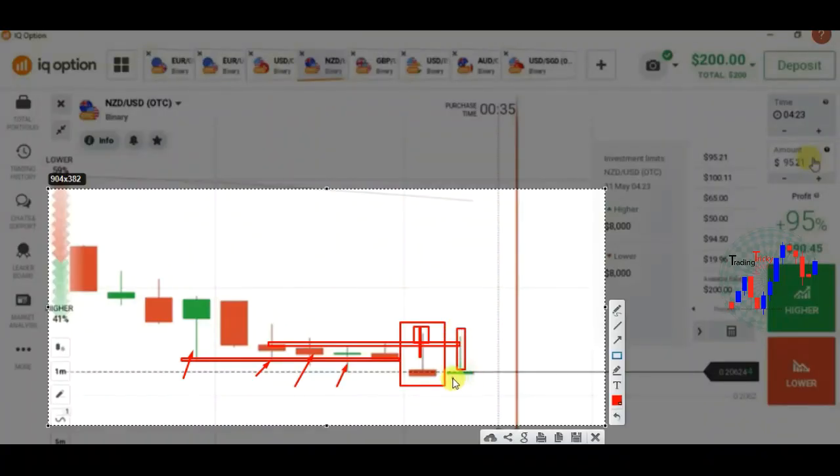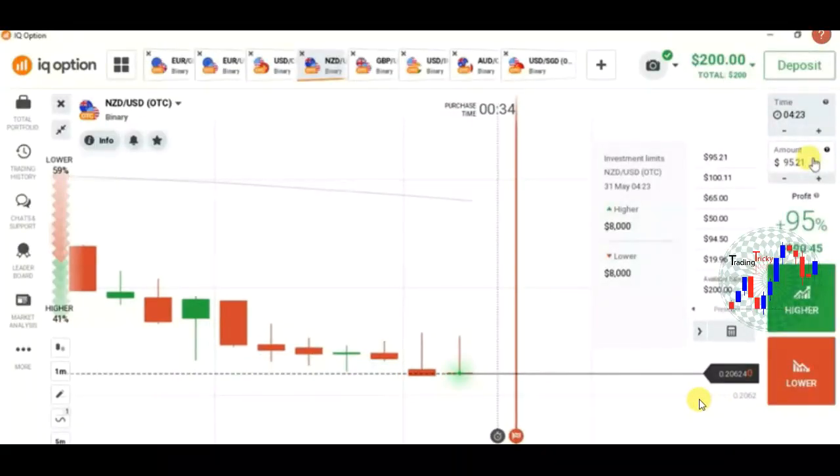But if the candle closes very strongly, something like this, or if the candle closes here, then we can go with sellers again. But if the candle closes here, then we can't go with sellers, even not with buyers. But if the next candle closes near these levels, green or red, then we can go with buyers very confidently. Let's see what happened here.